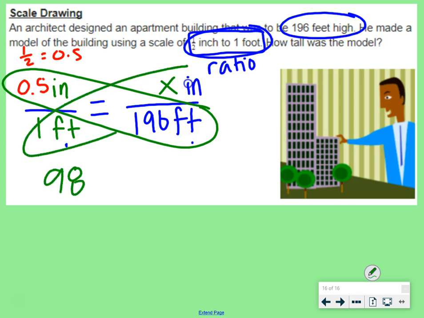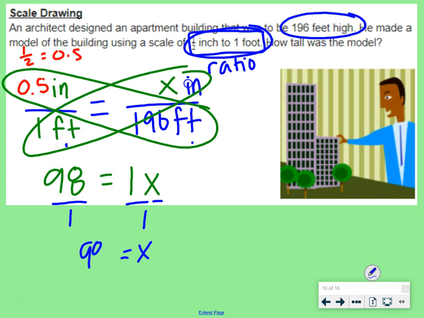And then we do 1 times x equals 1x. Divide both sides by 1. And we get x equals 98 inches. So the model of the building would be 98 inches tall.